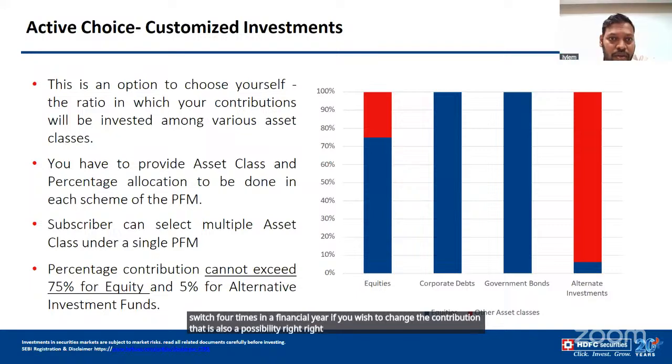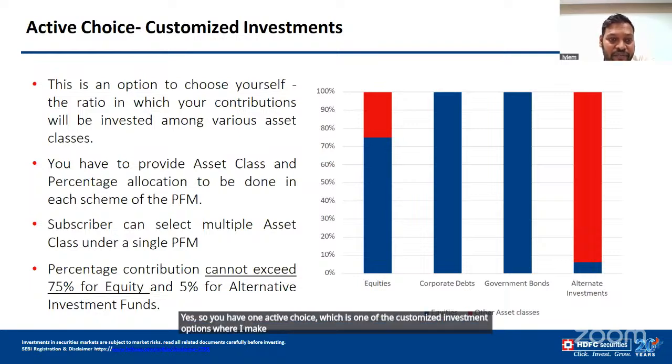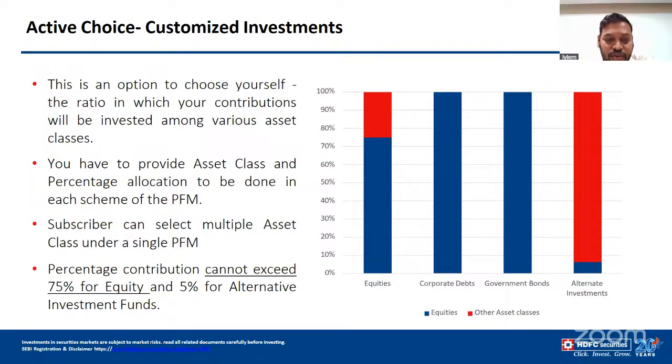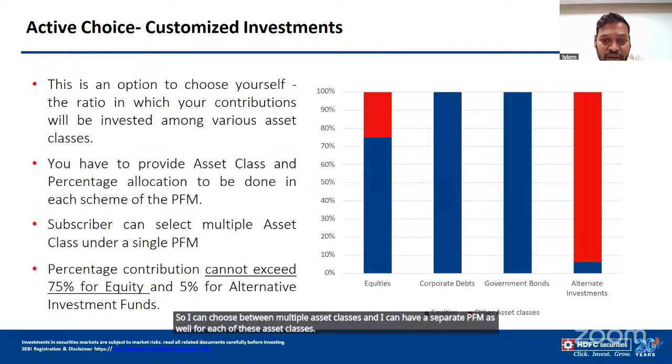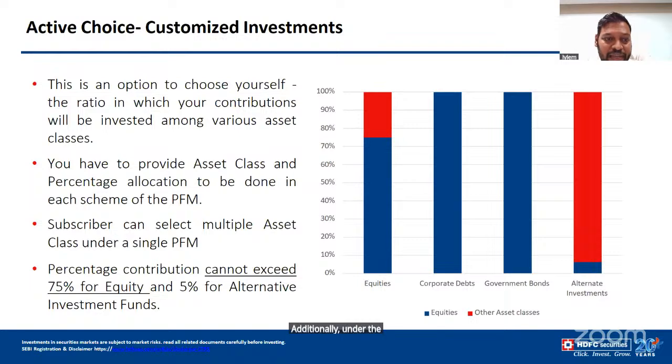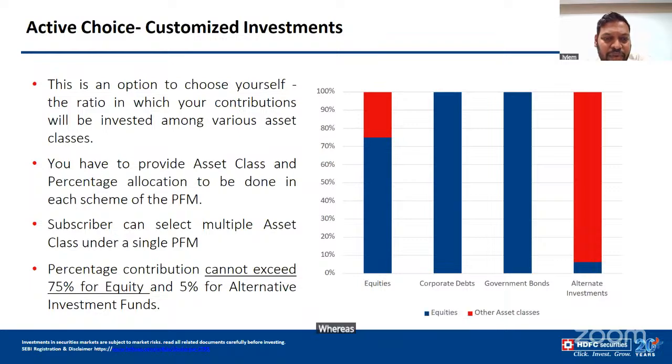Yes, so you have active choice, which is one of the customized investment options where I make the choices by myself. So I can choose between multiple asset classes and I can have a separate PFM as well for each of these asset classes. Additionally, under the asset class option, the maximum that I can invest in equity is 75%, whereas in alternate investment funds, the maximum allocation permitted is up to 5%.